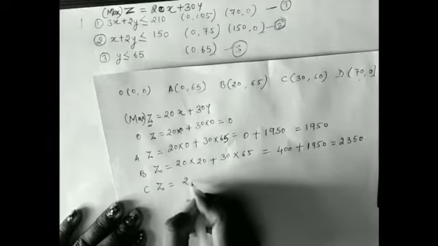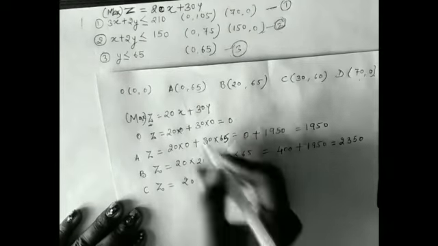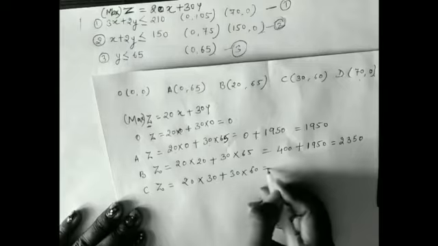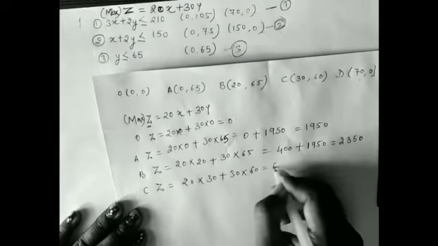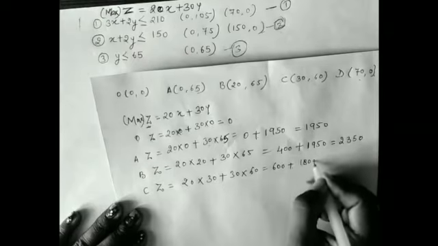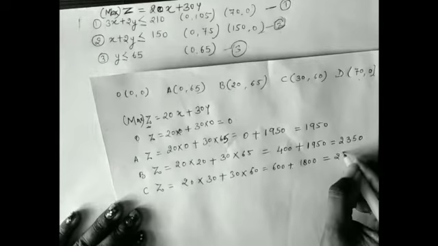Now check for point C. z equals 20 into, here x is 30, plus 30 into, here y is 60. This is equal to 600 plus 1800, and this is equal to 2400.